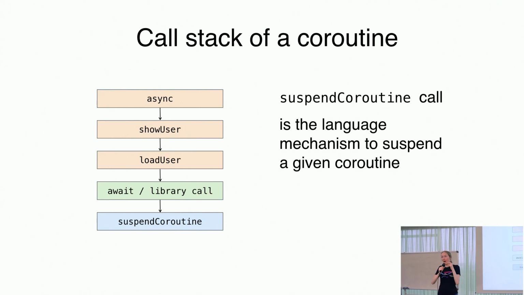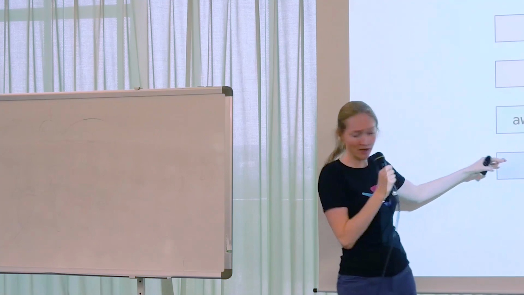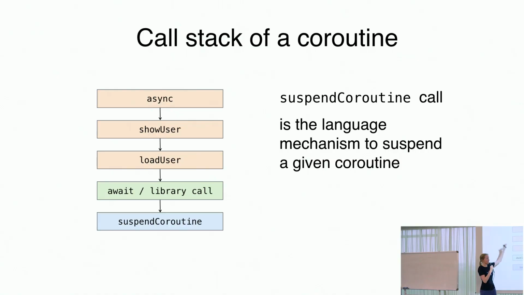If you inquire what exactly triggers the suspension of coroutines, so these are some implementation details, then we return back to how to use this. There is a special function called suspendCoroutine that is actually a language mechanism to suspend a given coroutine. And when you call a suspend function, you finally will somehow call this suspendCoroutine by using await or other library call.